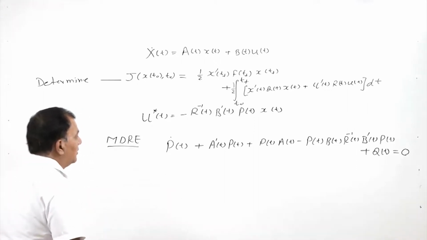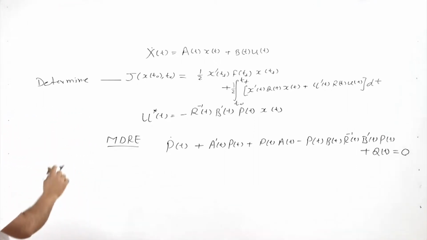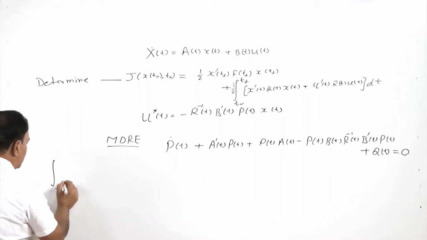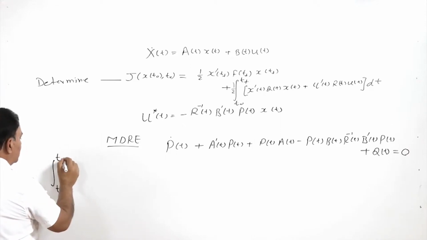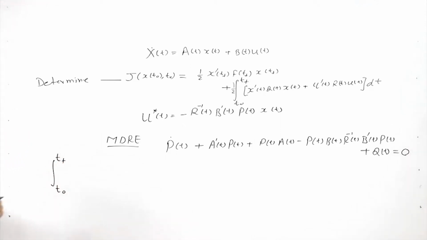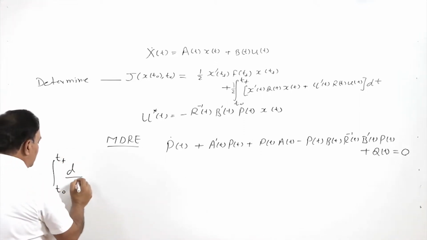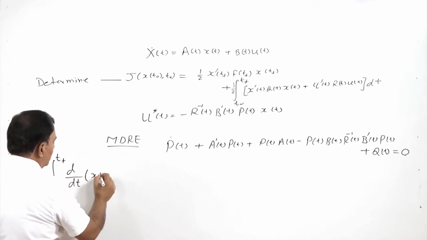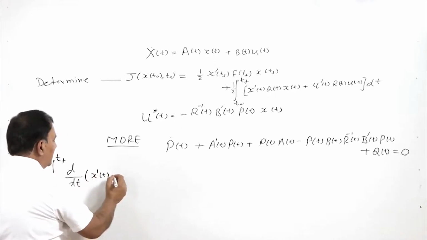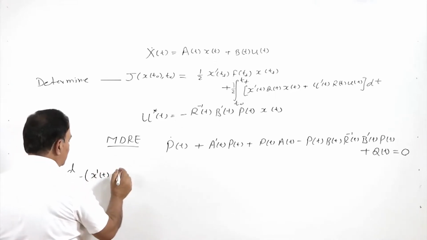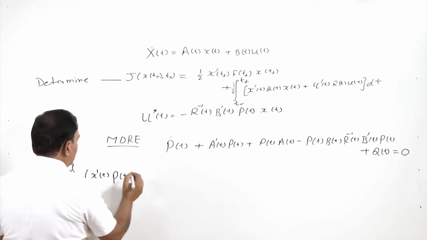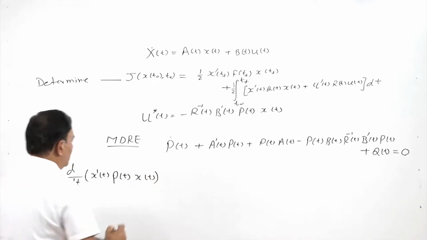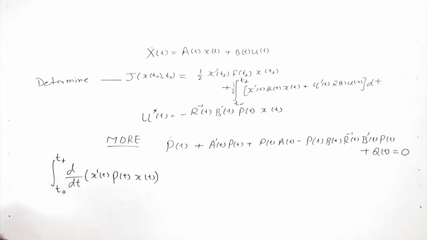To find the solution of this problem, we just consider the integral of d by dt of x transpose(t) P(t) x(t) dt.